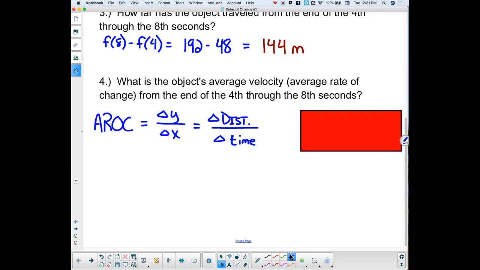So if I'm talking 4th through 8th second, that's going to be f of 8 minus f of 4, which is the change in my distance, how far the object traveled in those 4 seconds, over 8 minus 4.